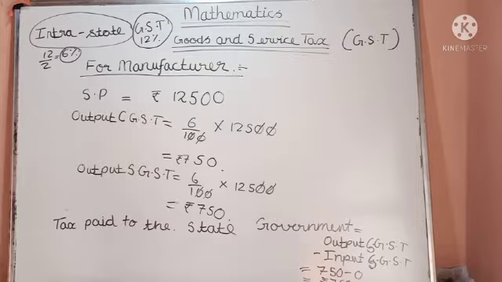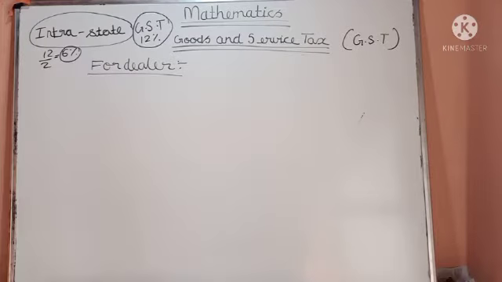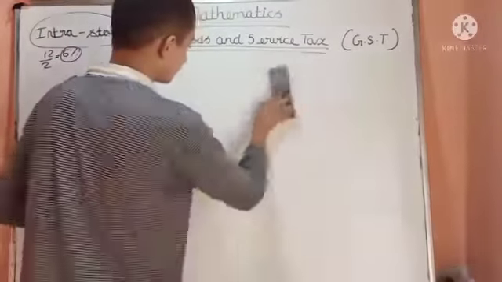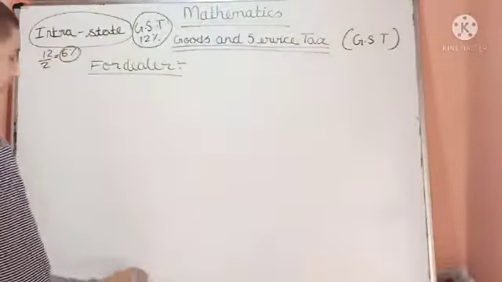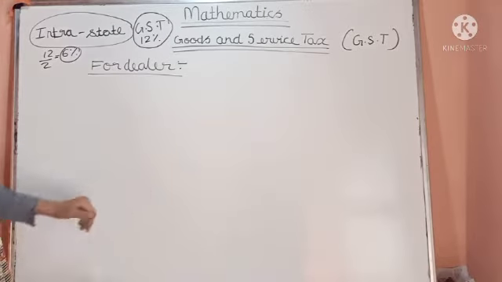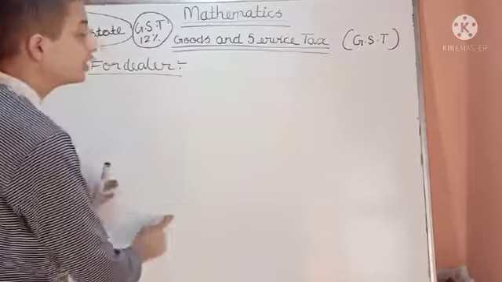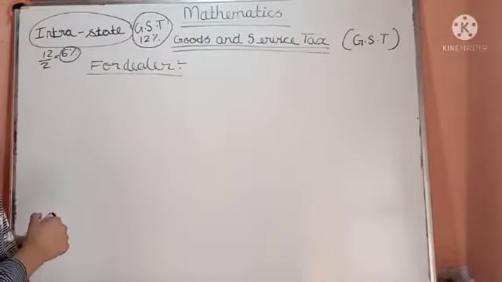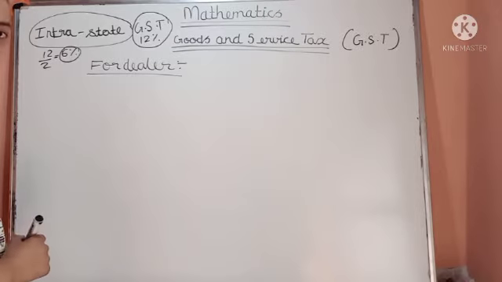Now for the dealer, the tax paid by the dealer. Here one thing will be common: the SP of the manufacturer will be the CP of the dealer, isn't it?